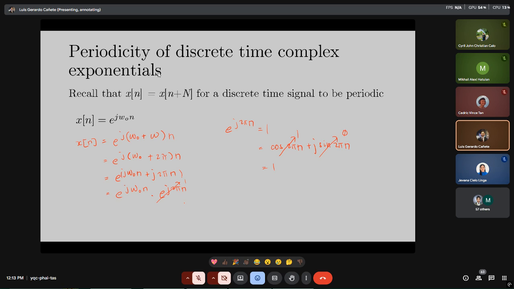And so therefore, this is just equal to 1, right? So if we do this, then we are saying that e^(j omega o n) is in fact equal to e^(j (omega o plus 2 pi) n), right?